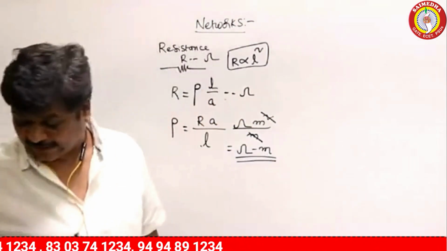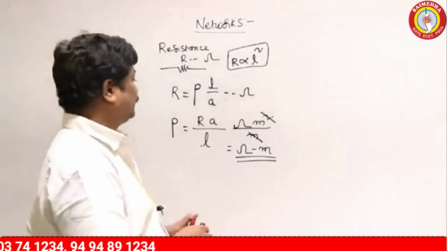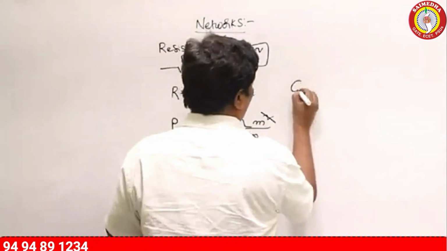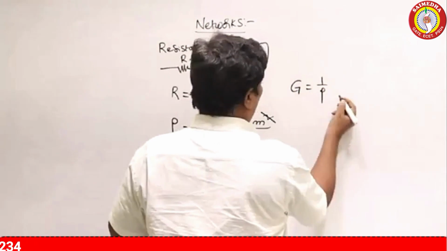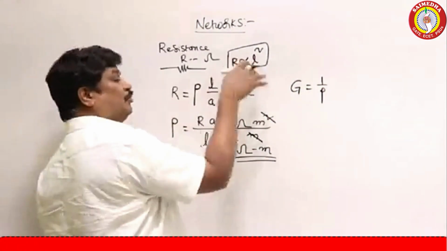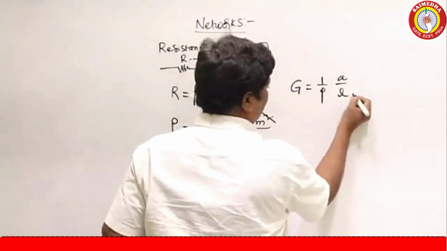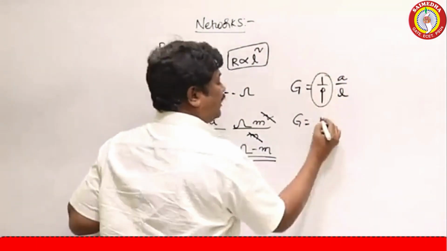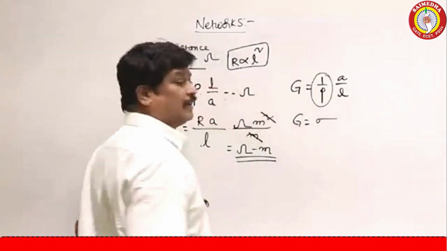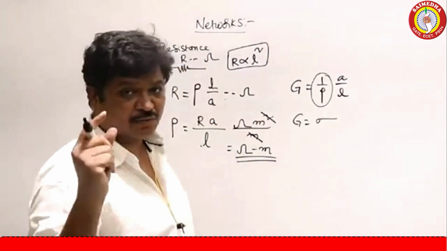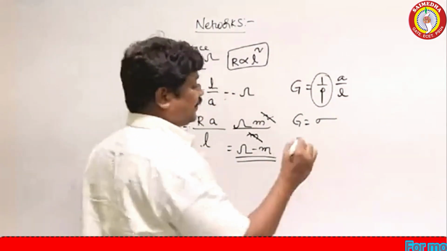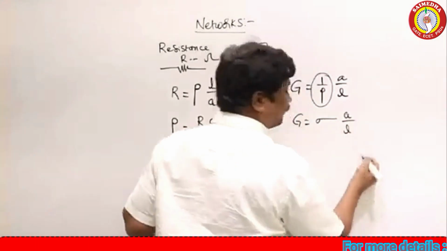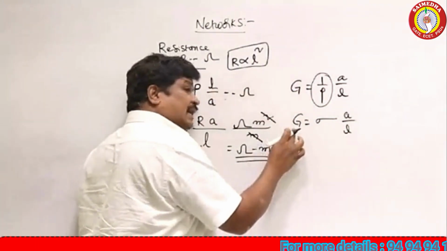If you take the conductance, G is equal to 1 by rho into A by L. Inverting this, 1 by rho, we can denote as sigma. Sigma notation is used for conductivity, times A by L. So, what is the unit for conductance?